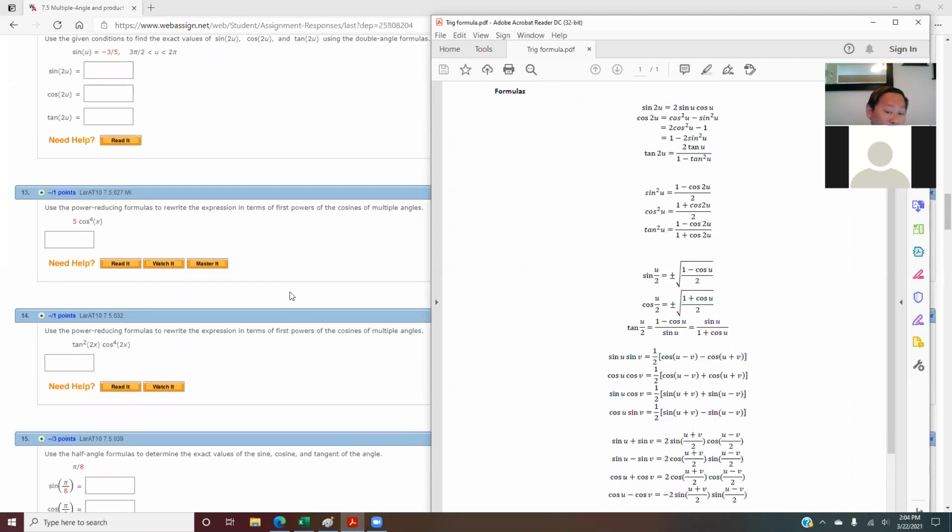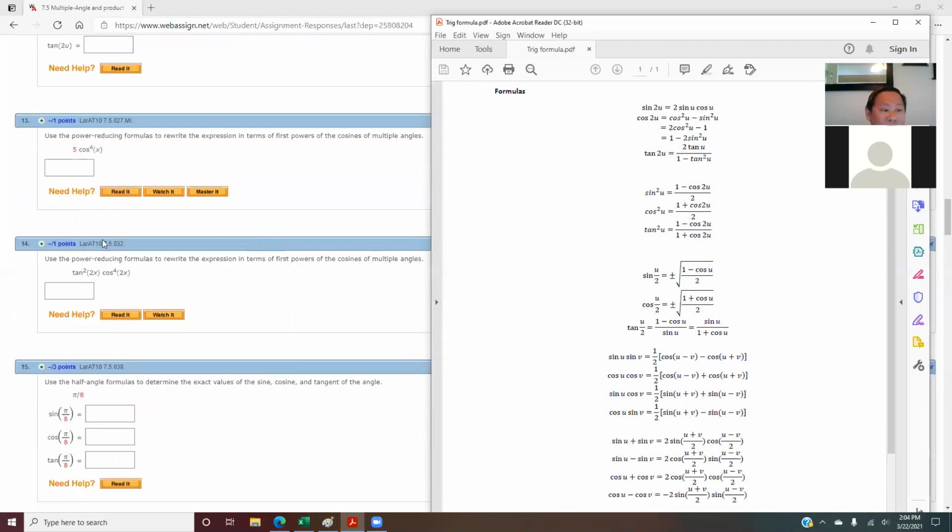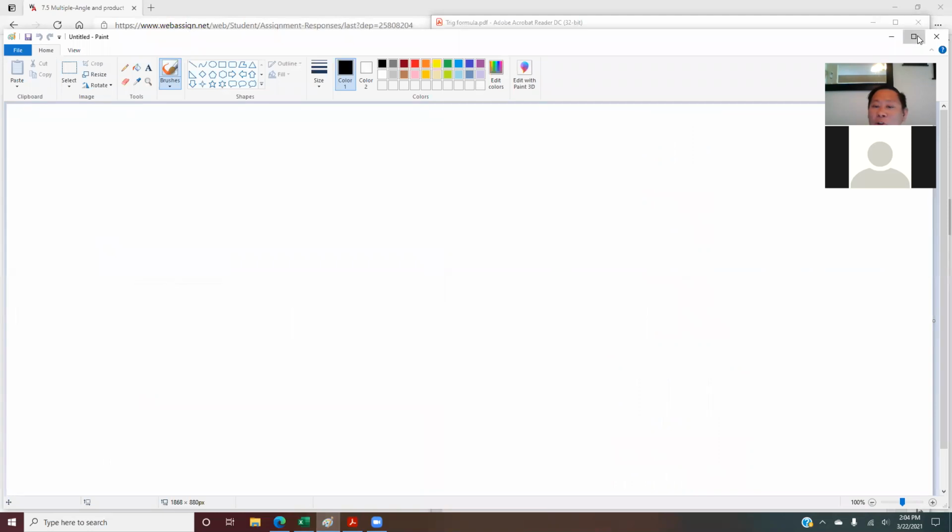While you look up your words, I'm going to do number 13 or 14. This is where you use the power reducing formulas. I'm going to do number 14 because that is the difficult one, and I will show you how to do number 13 later, just how you start.